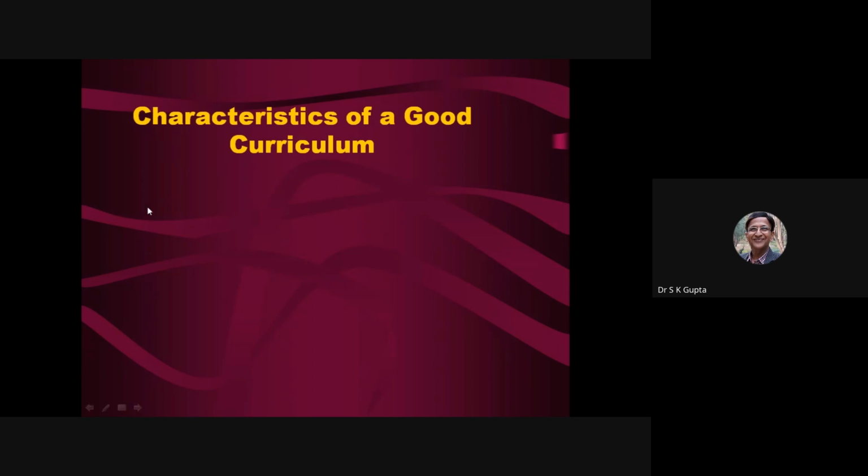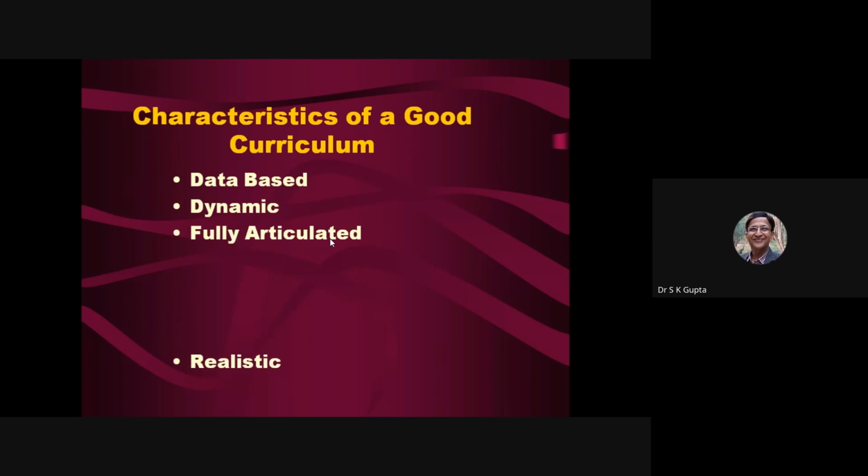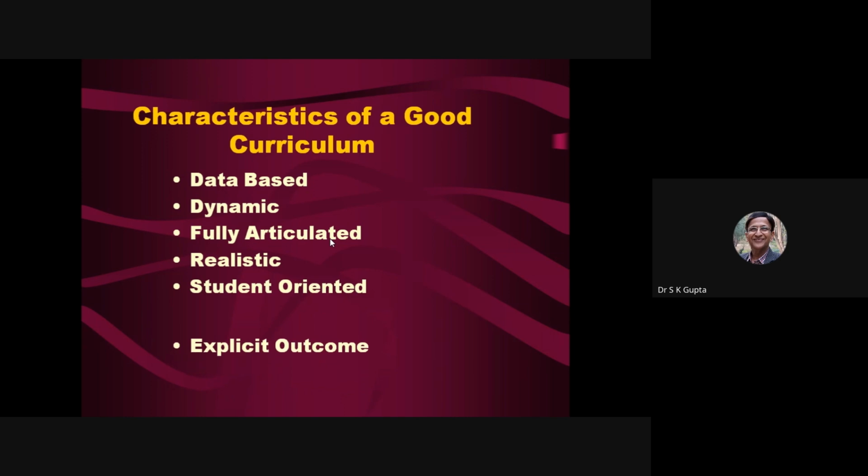When we are to design a good curriculum, it should be data based, it should be dynamic, it should be fully articulated, it should be realistic to implement, then it should be student oriented, that how our students are benefited, and explicit outcome, that whatever we are teaching, what will be the students' learning, what they will be able to do with that knowledge and skill. So that should be measurable.